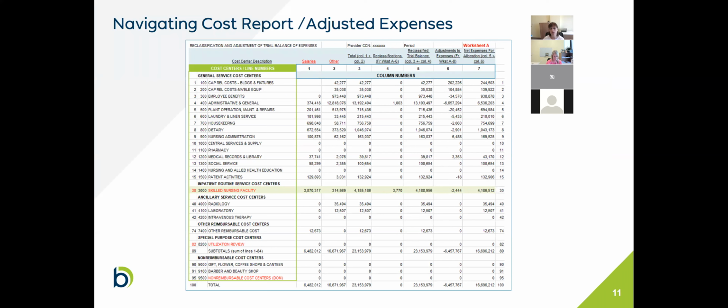So basically, the Medicare cost report is a giant Excel spreadsheet, if you can visualize it that way. There are worksheets, and at the top of each section it will tell you which worksheet you have. So it's like tabs in an Excel spreadsheet.